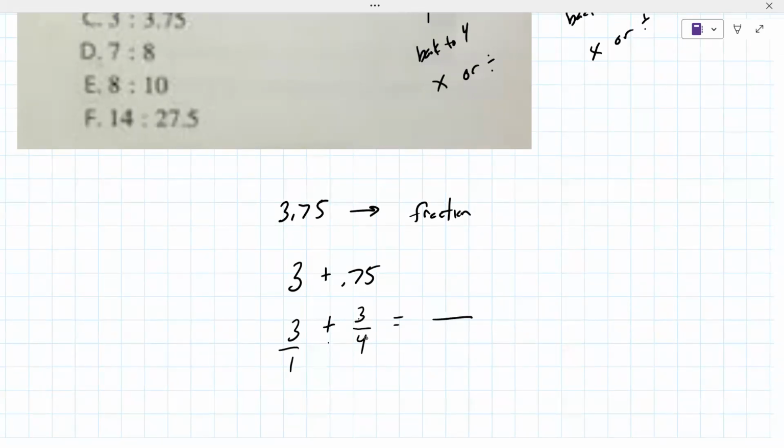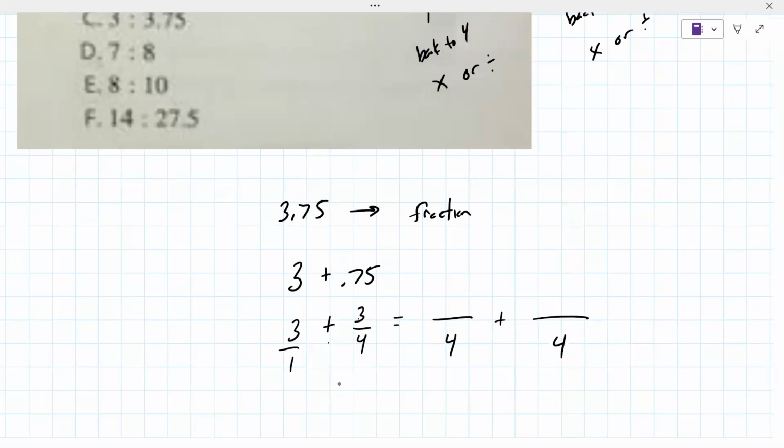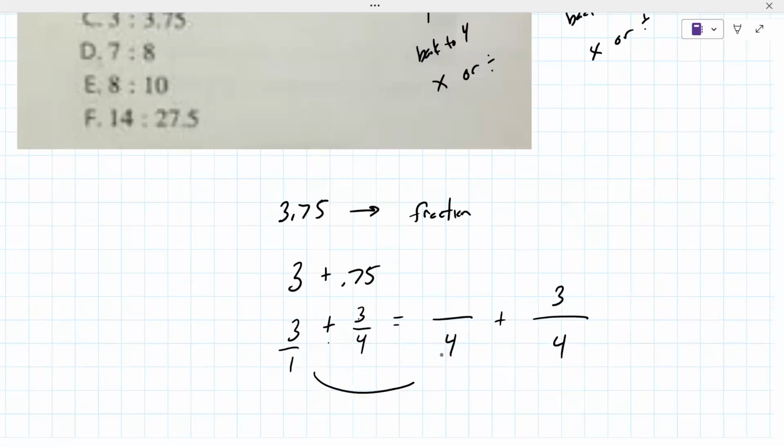You have to start by making a common denominator. The common denominator is usually just the product here, so it's like 4 and 4. On the right, you already have the bottom. That's fine. You go from 1 to 4, you're multiplying by 4. So you're going to multiply this 3 by 4 and get 12. Now you add the tops, but keep the bottom.